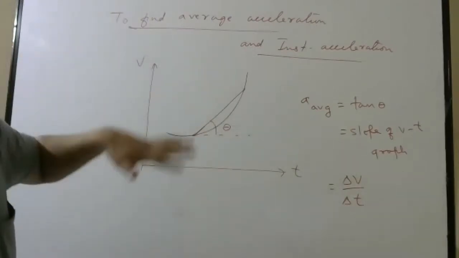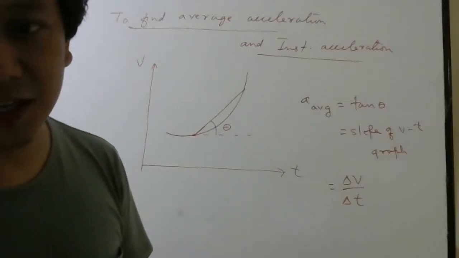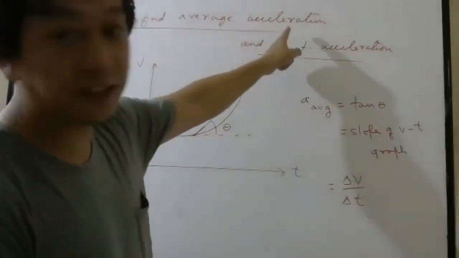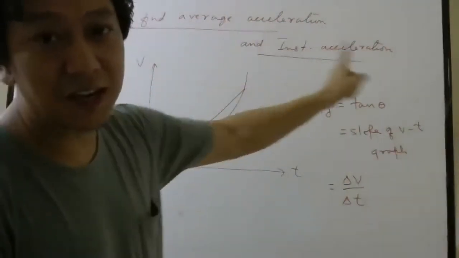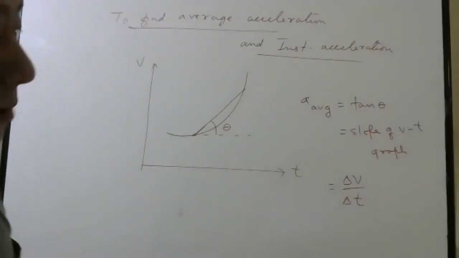So whatever I taught for average velocity and instantaneous velocity from the xt graph, the same thing you can do for average acceleration and instantaneous acceleration from the VT graph, velocity time graph.